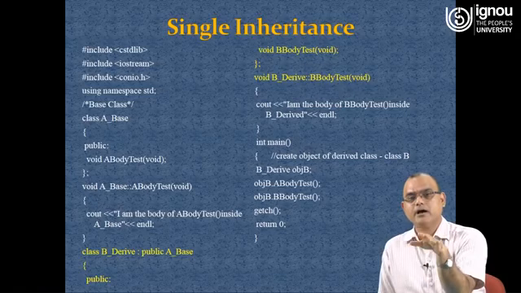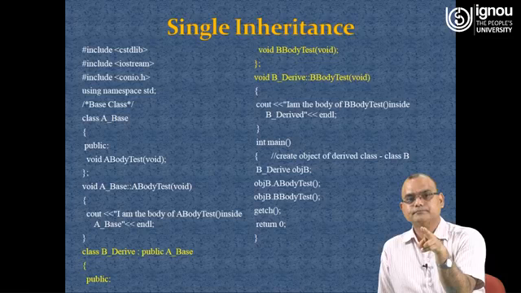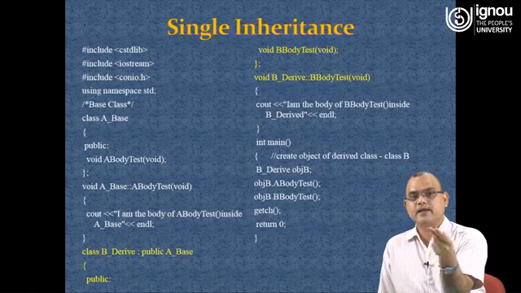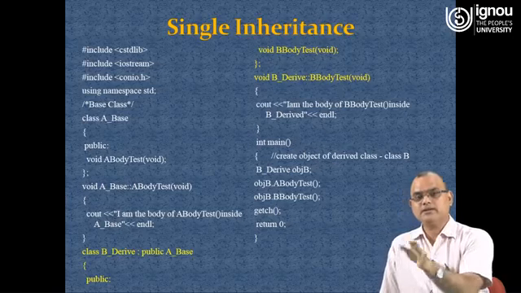Here we have created an object, and we are calling that derived class object. The name of the object is objb. It is a derived class object, and now this derived class object is trying to access two methods. One is the parent class method, that is A body test, and the other is its own class method, that is B body test.